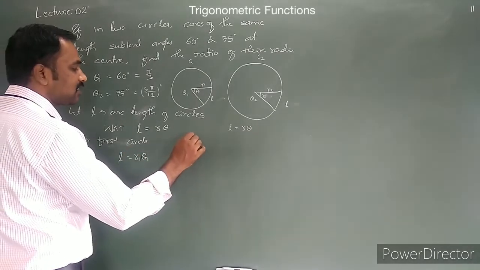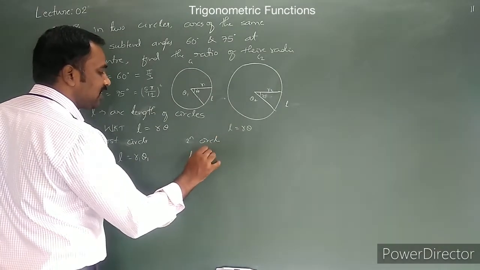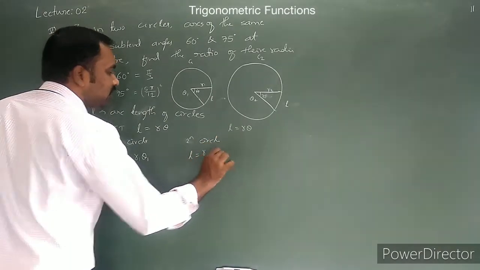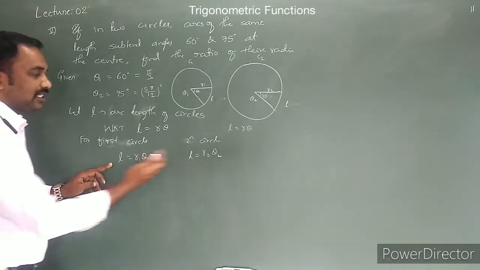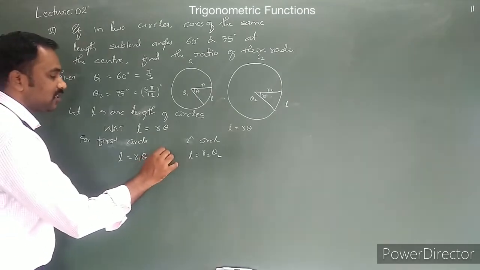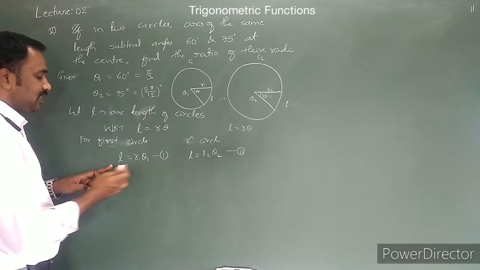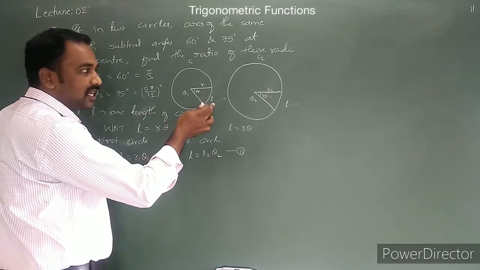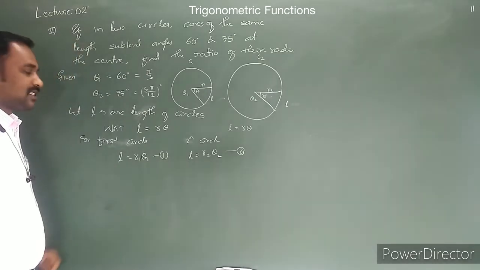For the second circle, L is equal to r2 theta 2. Observe that both have the same arc length. Can I equate these two values? Yes, because this is equation number 1 and this is equation number 2, the left-hand side is the same arc length. Whatever the arc length is in the first circle, the same arc length is there for the second circle.